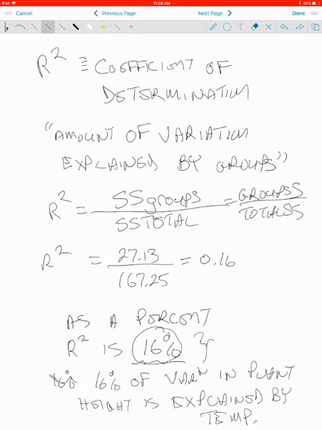Okay, let's move on. So let's leave this experiment for now and talk about how to find out. Remember, after ANOVA, if you reject the null hypothesis, it means that at least one mean differs.